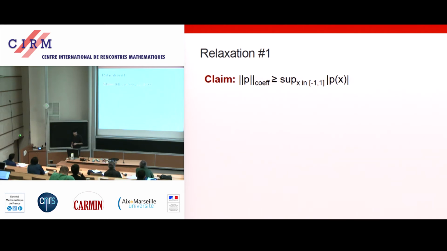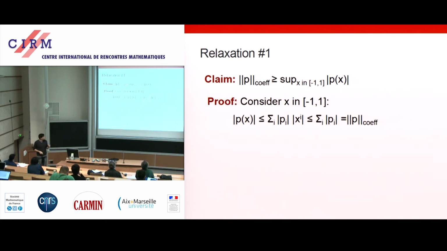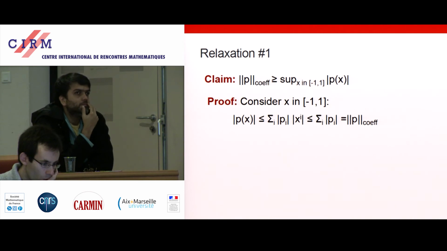What I claim is that if you take any polynomial and look at the L1 sum of its coefficients, that's lower bounded by the max value of the polynomial in the interval -1 to 1. And this is pretty easy, right? Because whatever value of x I plug in that's in -1 to 1, I'm just using the triangle inequality.